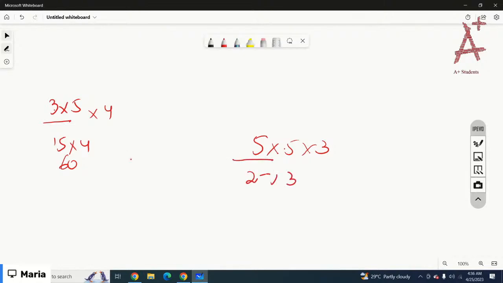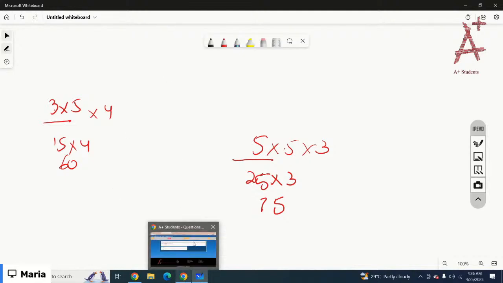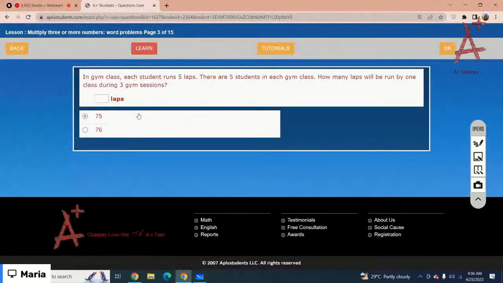So 25 times 3 makes, 3 times 5 is 15, 3 times 2 is 6, and 7, it makes 75. Got it? 5 times 5 is 25, and 25 times 3 makes 75. So the correct one is 75.